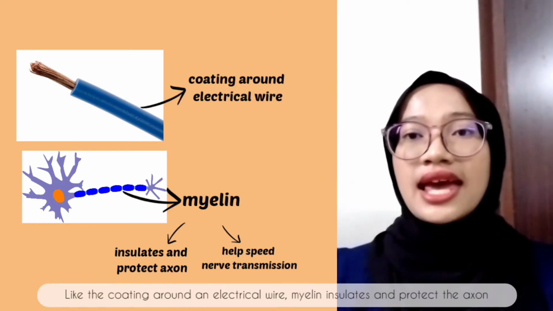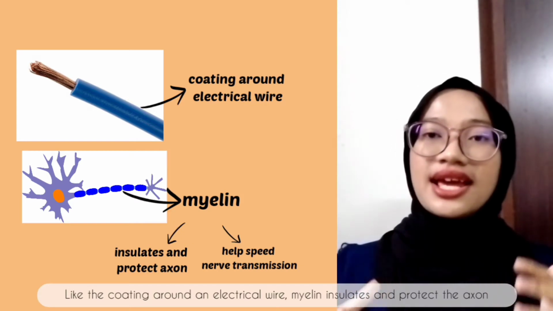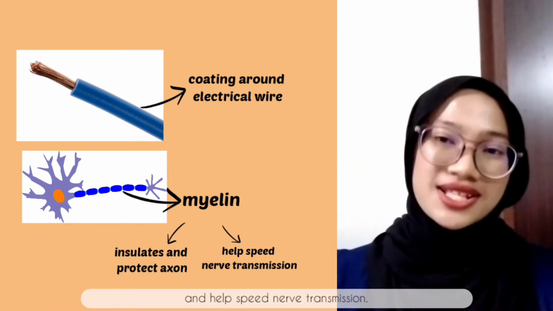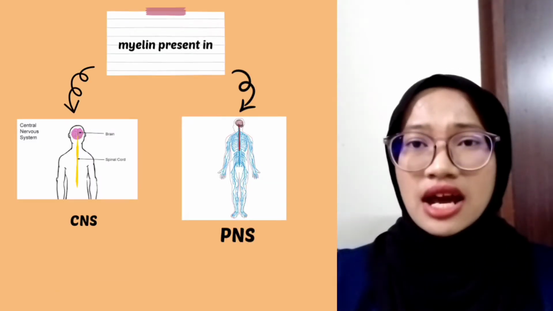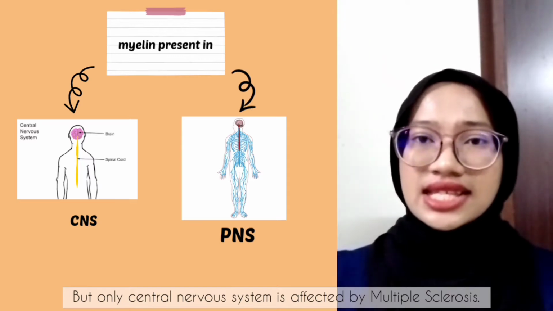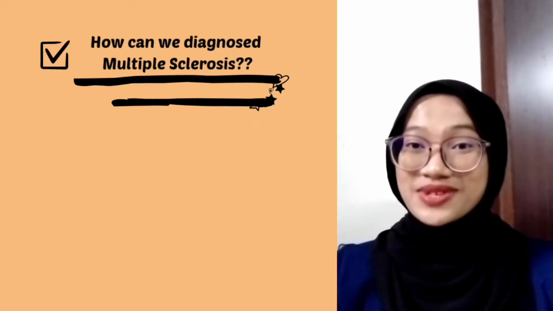Like the coating around an electrical wire, myelin insulates and protects the axon and helps speed nerve transmission. Myelin is present in the central nervous system and peripheral nervous system, but only the central nervous system is affected by multiple sclerosis.